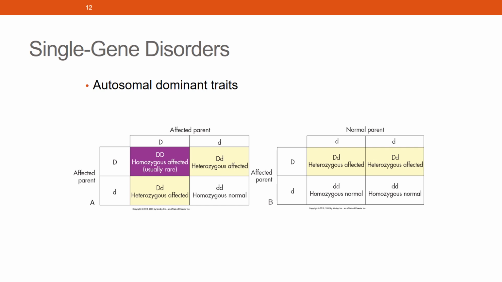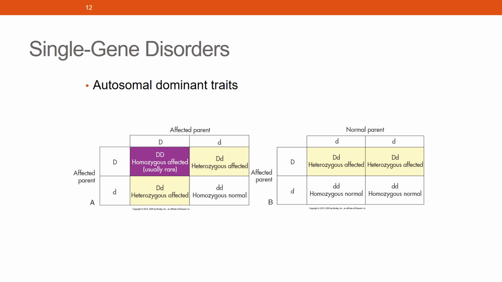To make this short, when an affected parent meets an unaffected parent, the probability of having an affected offspring is 50%. Again, we're talking only about a heterozygous affected parent. You can try to do it yourself, and if you have questions, please contact me.